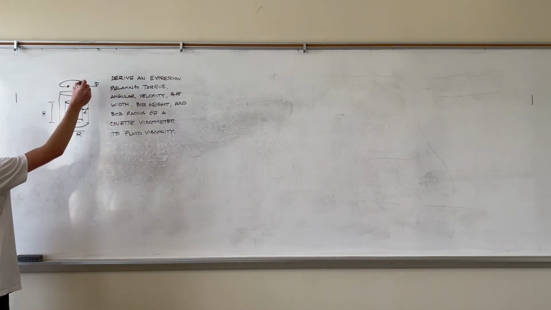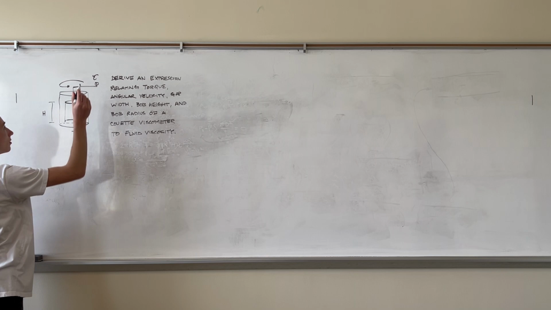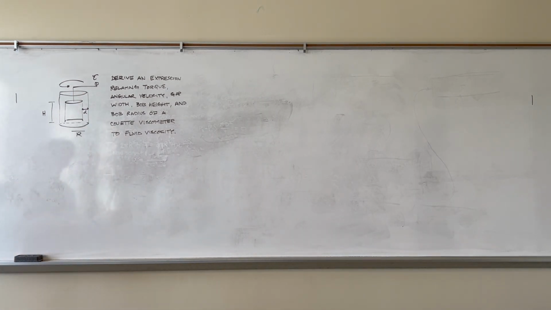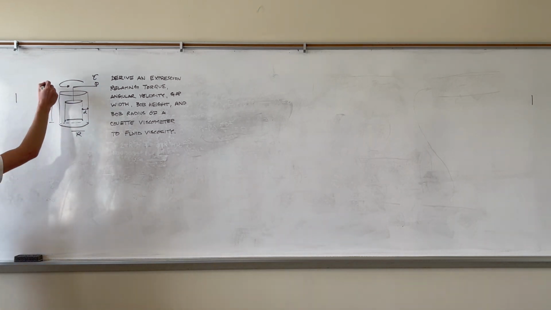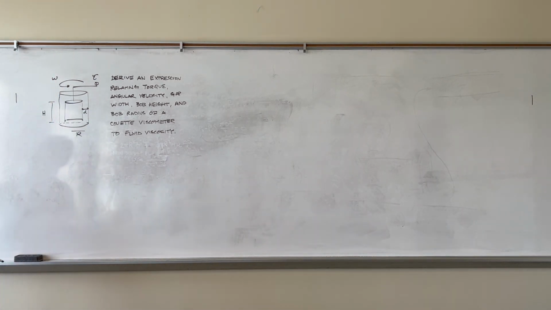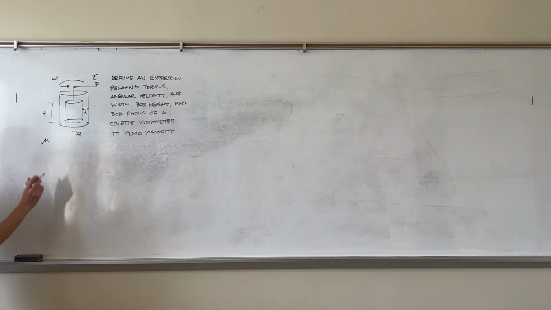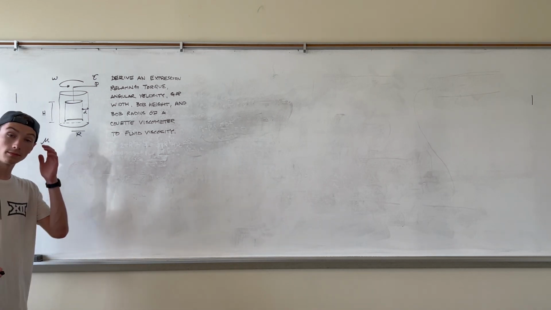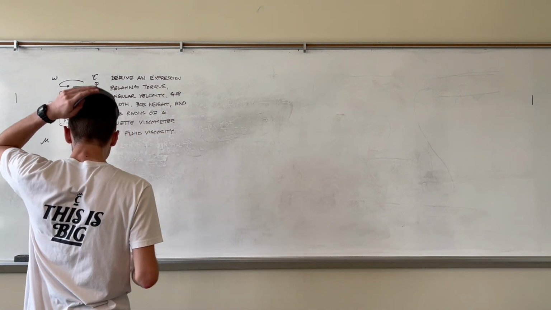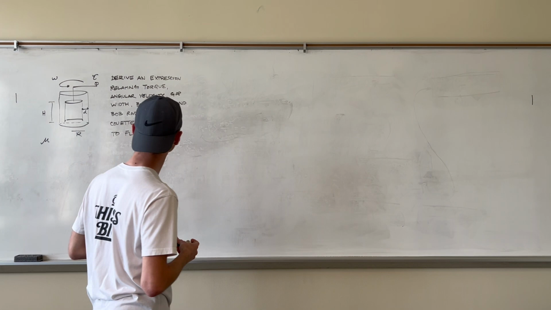We have a torque applied to the handle, and some angular velocity, omega. Oh, and then fluid viscosity is designated by the Greek letter mu. I think we can see everything up there.